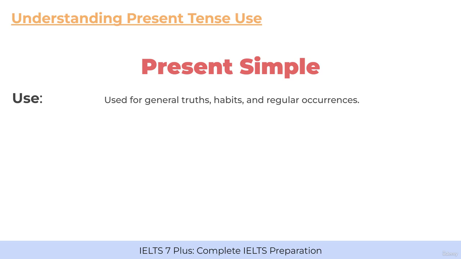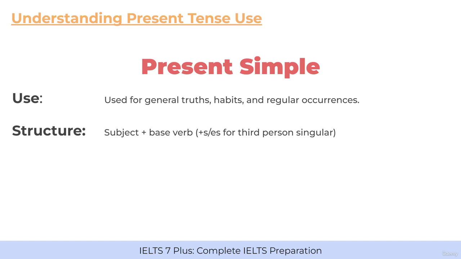How do we make the present simple? Subject plus base verb, and if the subject is third person singular, we add S or ES to our base verb. Pretty straightforward, really. Present simple is often the first sort of focused upon tense within many languages, including English.